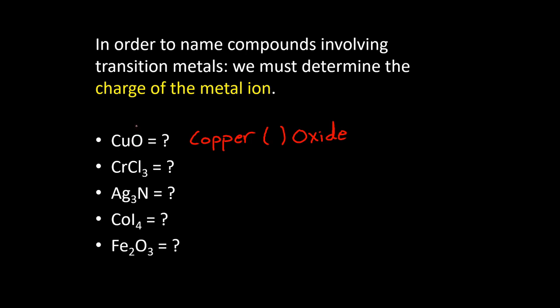And we know oxygen wants to be -2. So if oxygen is -2, and the molecule as a whole needs to be 0, that means the copper must be +2. And so we're going to put 2 in the parentheses there. 2 in Roman numerals in parentheses.